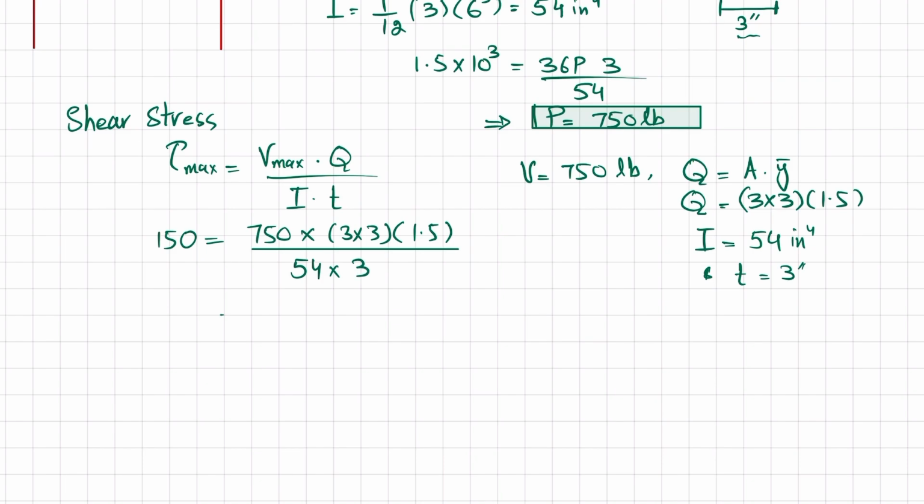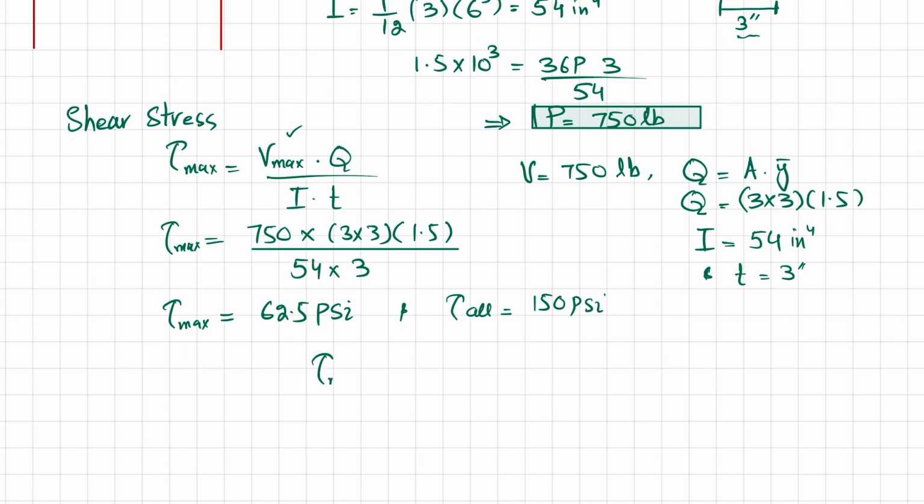So you can see that the maximum shear stress based on the maximum shear force comes out to be 62.5 psi, and the allowable shear stress given in the data is 150 psi.